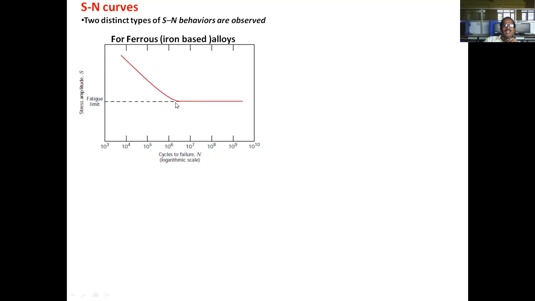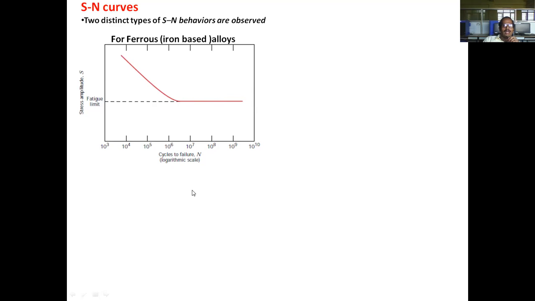That is called the fatigue limit, or endurance limit. Below this, the number of cycles keeps increasing and the material will not fail. The material will serve for a larger number of cycles.